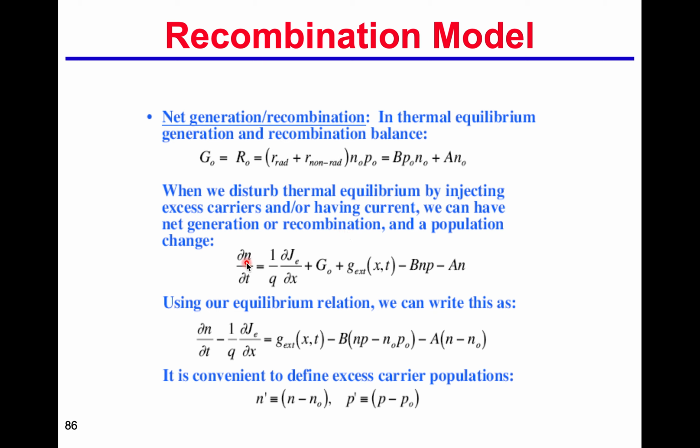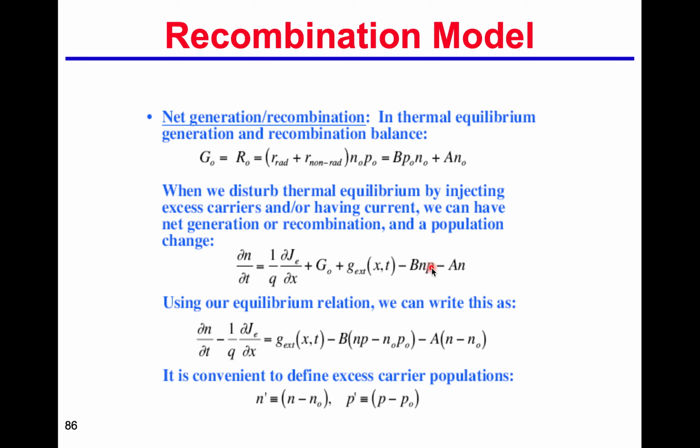So the derivative with respect to time of the electron concentration equals the generation, where these two terms are the generation terms, and these two terms are the recombination terms.